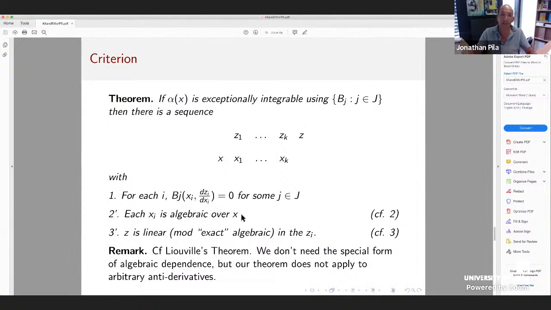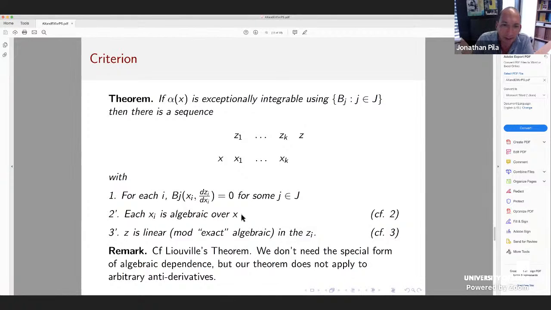So before we had the condition that either xi or zi is algebraic over x, and 3 prime, z is C-linear modulo exact algebraic things in the zi's, rather than just being algebraic over the whole lot. So we can compare this with Liouville's theorem.